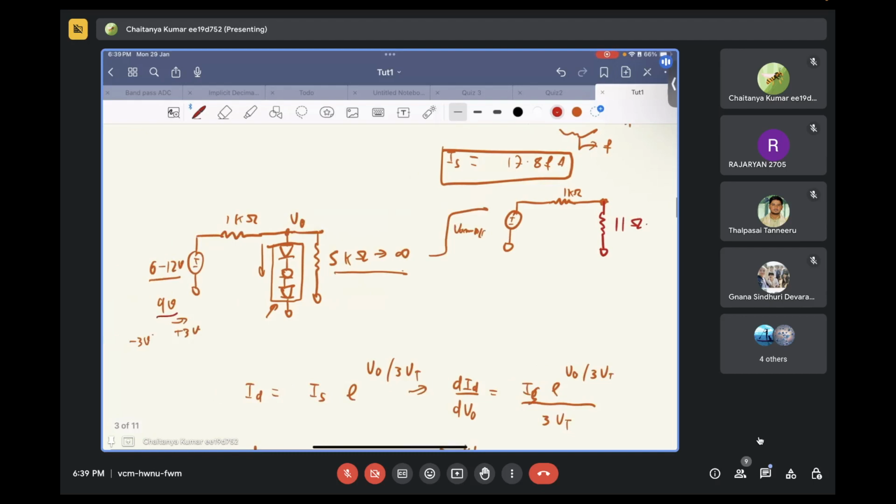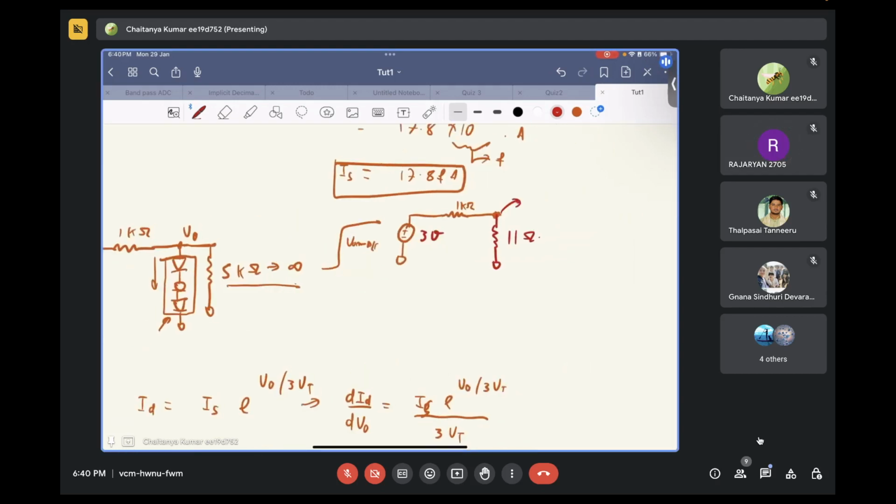Since we are trying to find V out max, and V out max will be when the input voltage is maximum, what will be the incremental voltage applied at the input? 3 volts, correct? So what will be V out?